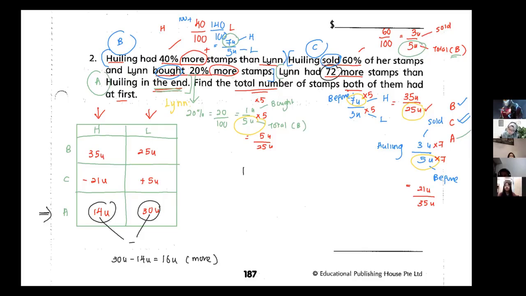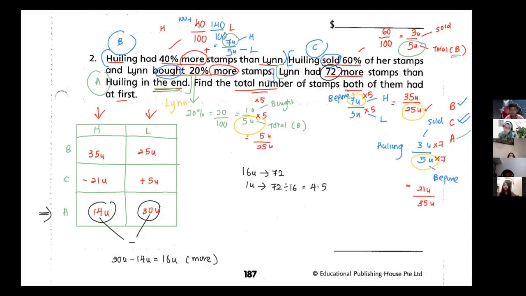So 16 units is 72, and 1 unit is 72 divided by 16, which gives 4.5. Don't worry if you get 4.5. Don't panic and think you are wrong because there's a decimal. You're not done yet. Don't get suspicious that something is wrong. It's okay, carry on.